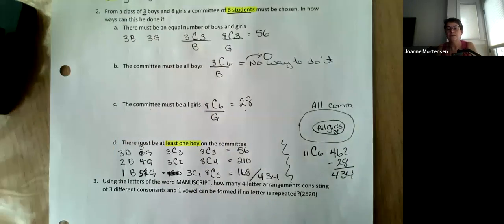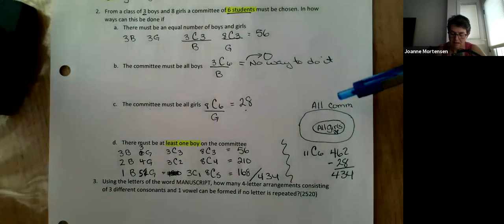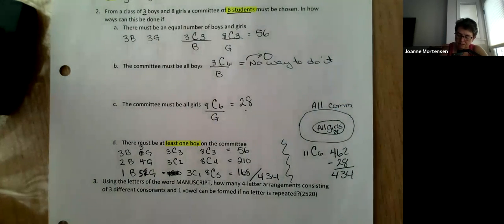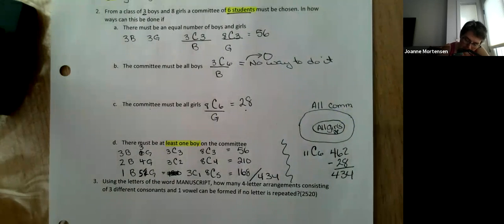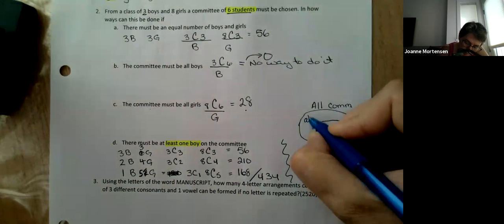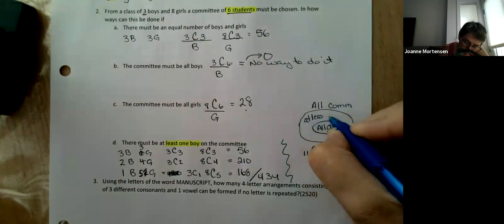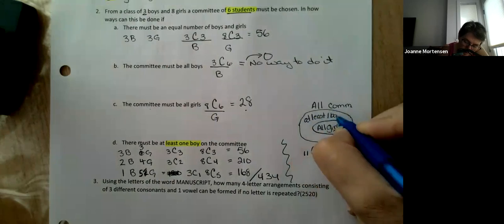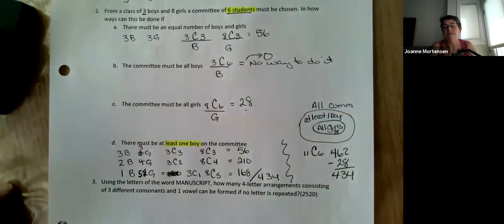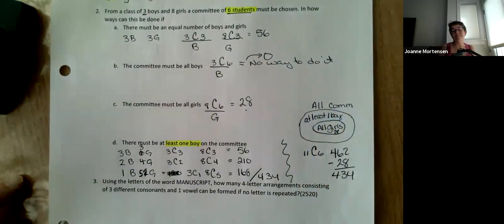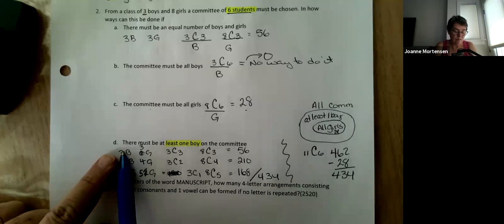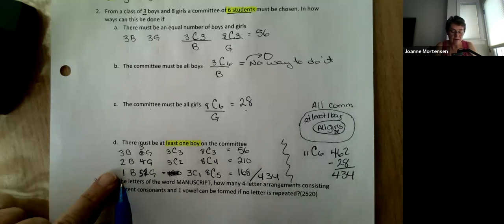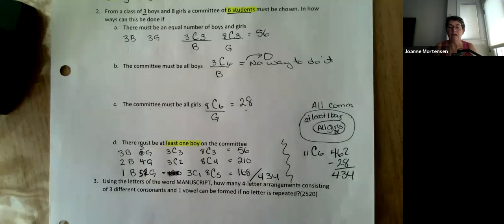Okay, so using a complement is faster, but I don't know. Some days I can remember that and some days I don't think of it. So this one, doing it by cases of 3 boys, 2 boys, or 1 boy, wasn't that bad.